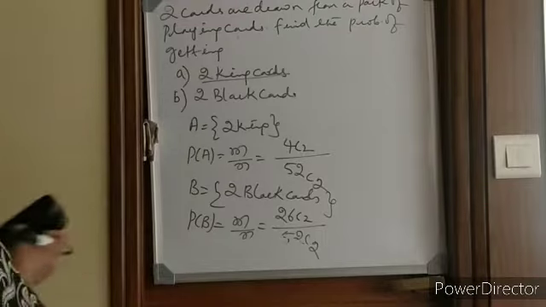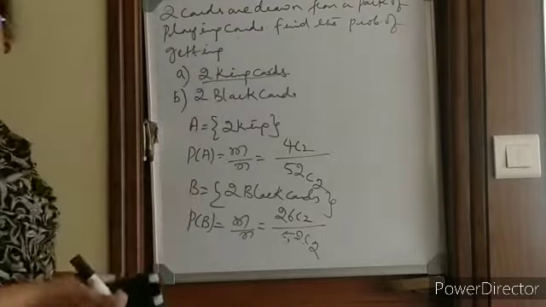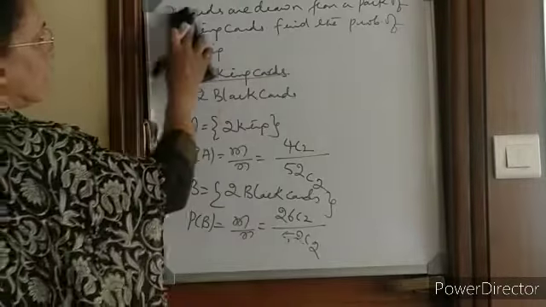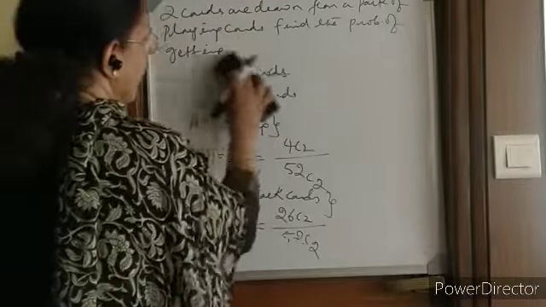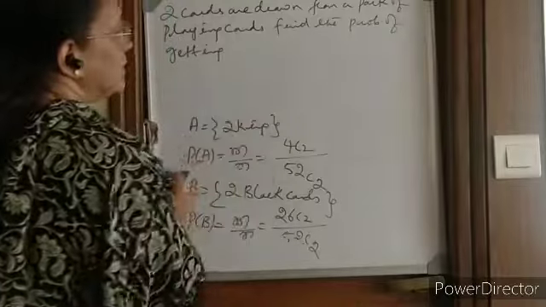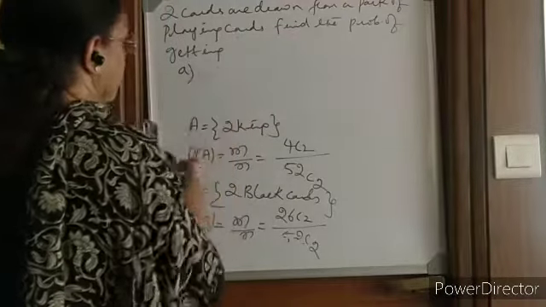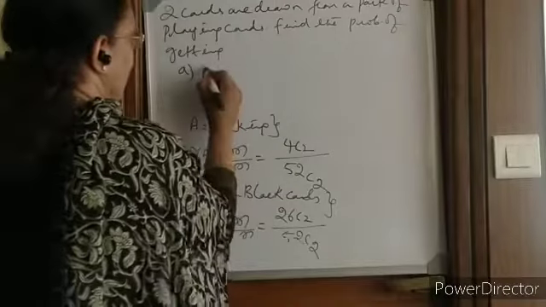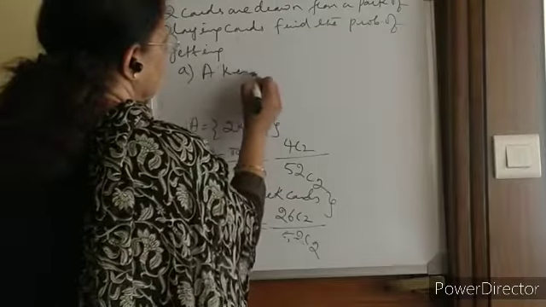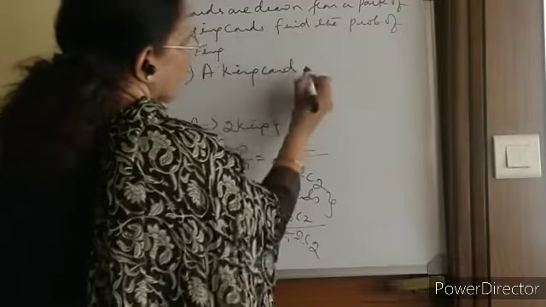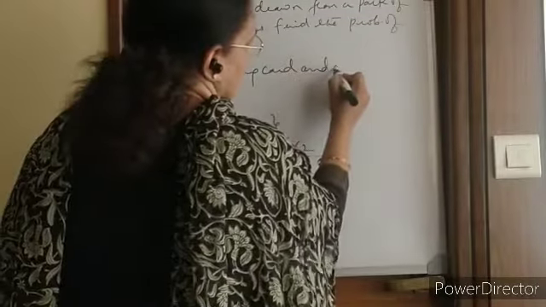Now, for the next one, you can use your union and intersection. For the same problem, I can rewrite the question. Find the probability of getting a king card and a queen card.